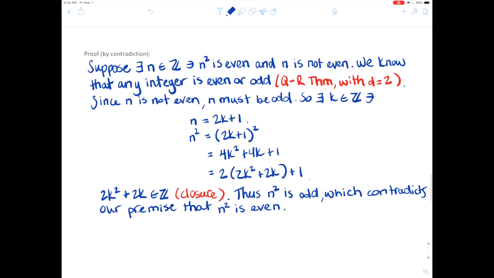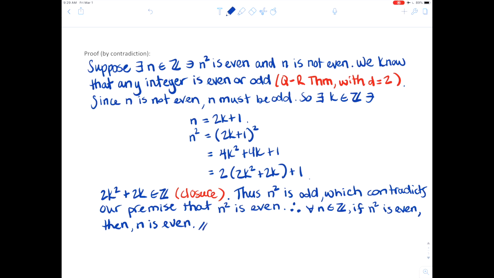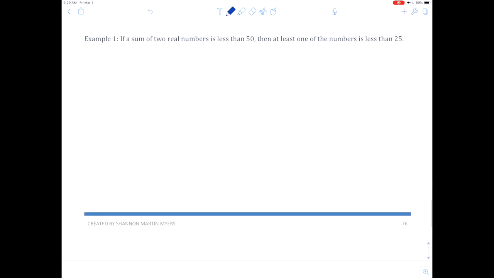So, what do we say? Therefore, for any n belonging to the integers, if n squared is even, then n is even. And we're all done. Cool, cool? All right.